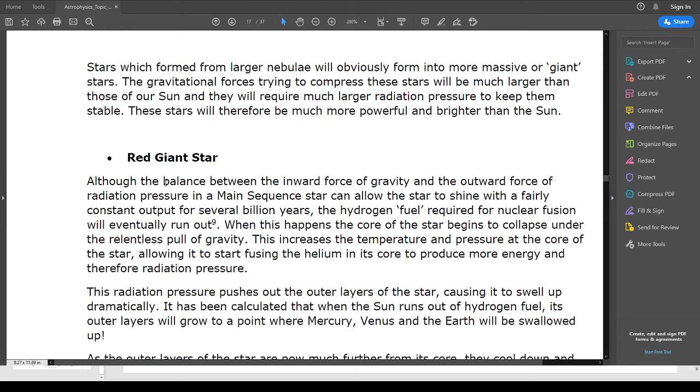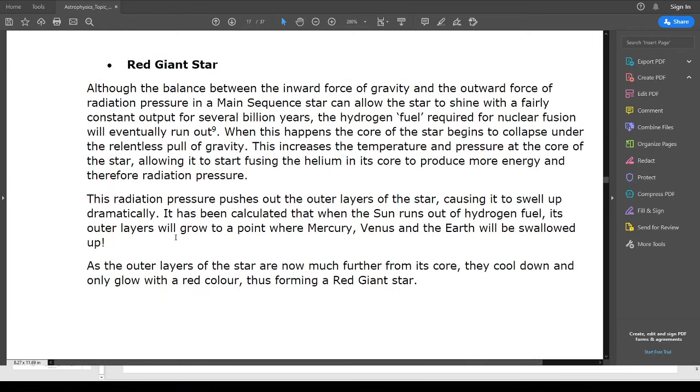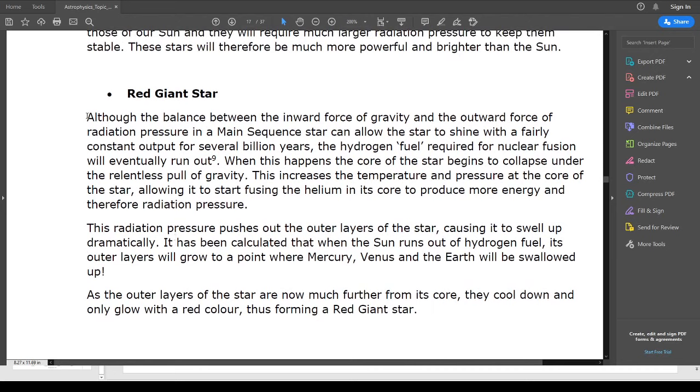Then what is a red giant? If I want to say it in short, I'll start with a main sequence star.